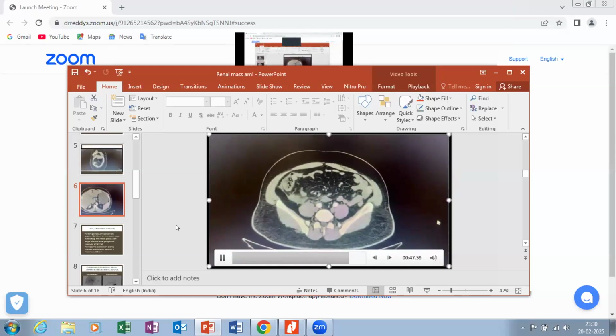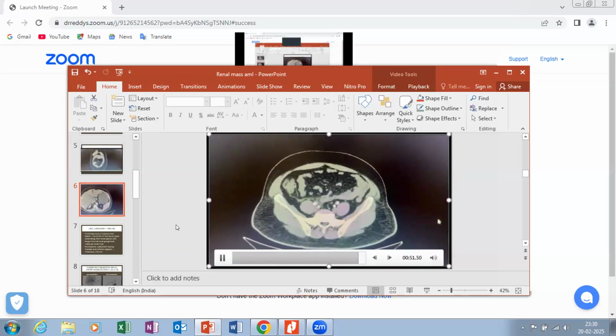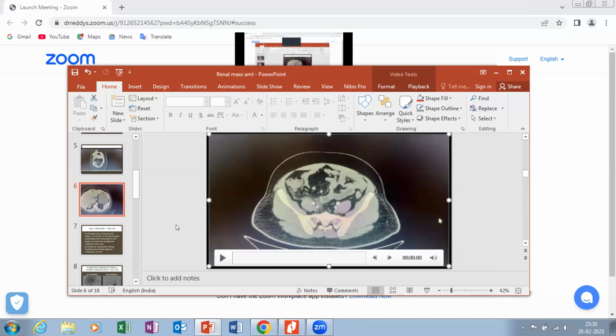There are some other features on the CT scan based on which we can decide about the radical nephrectomy, not the partial one. Just play again. What you're going to see is the surrounding structure, the vascularity and nearness to the vascular.